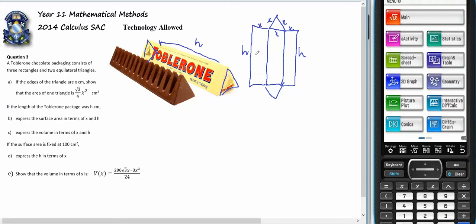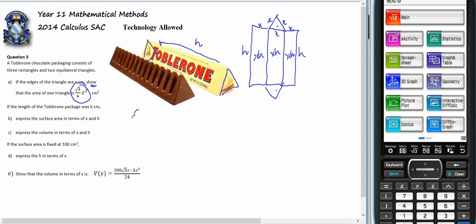So the areas of these are XH, XH, XH, and then I've got 2 triangles. Now I'm told the area of one triangle is this, and I need to show that in part A.